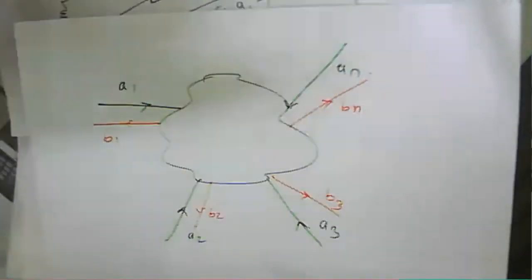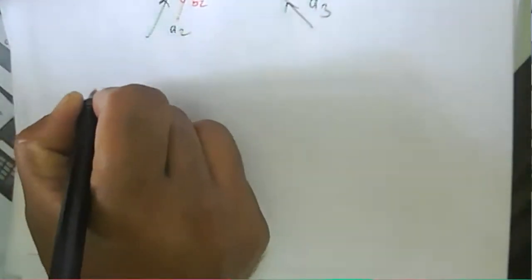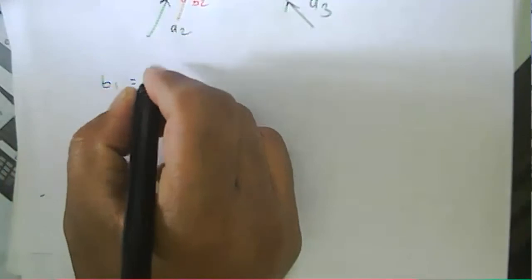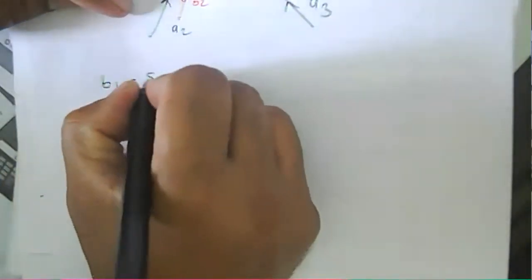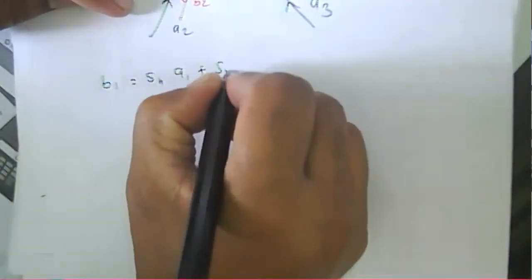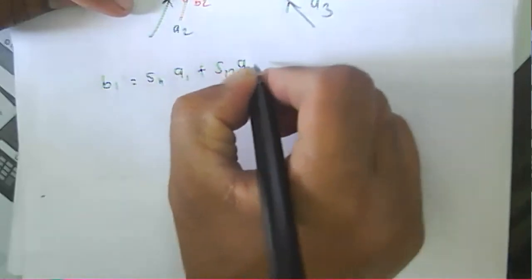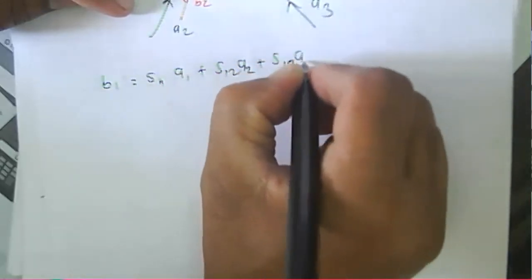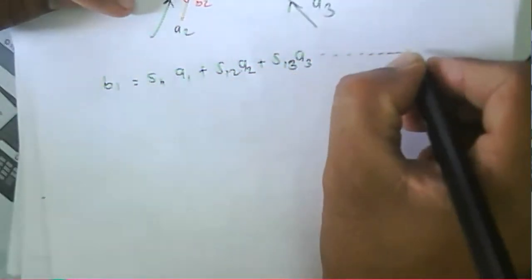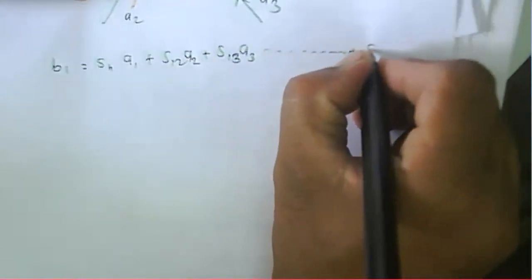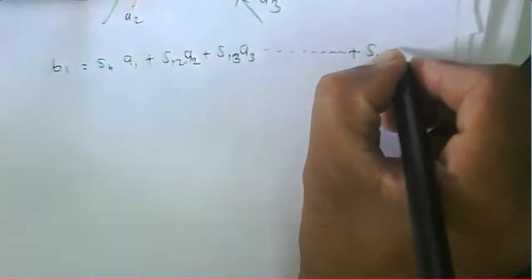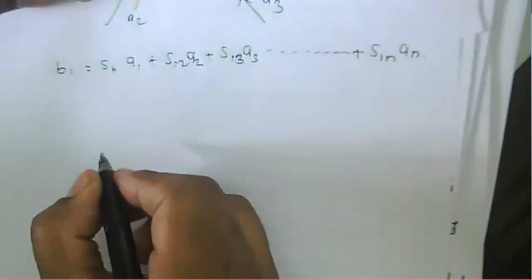So simply we can write the matrix equation: B1 is equal to S11 A1 plus S12 A2 plus S13 A3, and likewise up to S1n An.